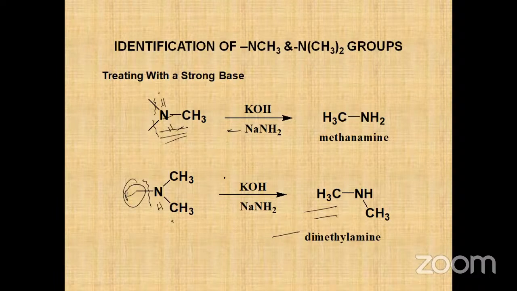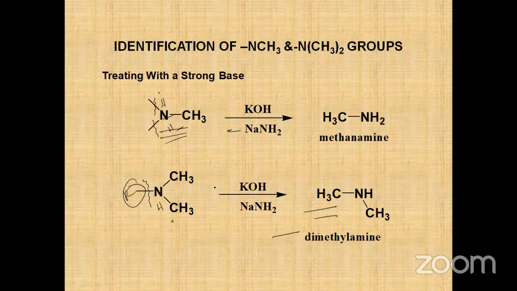Therefore, whenever you treat the natural product with a strong base like potassium hydroxide in the presence of sodamide, the formation of methanamine indicates that one N-methyl amine group is present in the molecule. If 2 methanamine molecules are generated, that indicates the presence of 2 N-methyl amine groups.